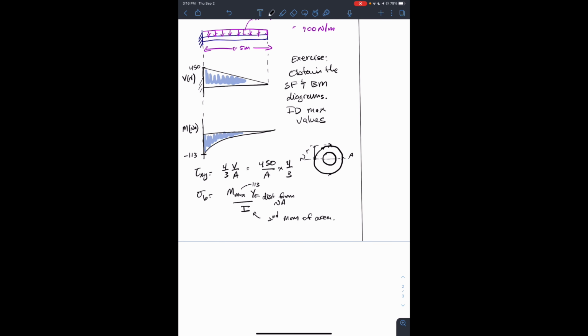Before moving on, let's come back to something here. These terms here, this 4/3 V/A.